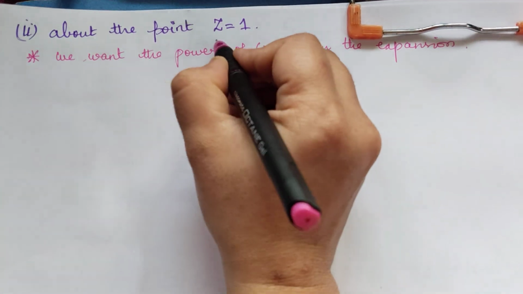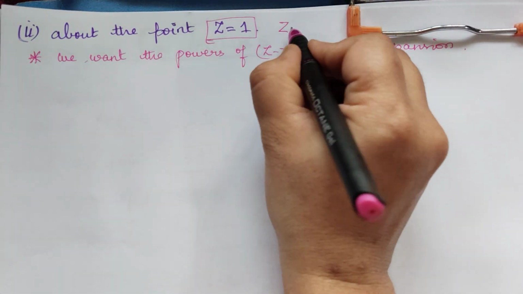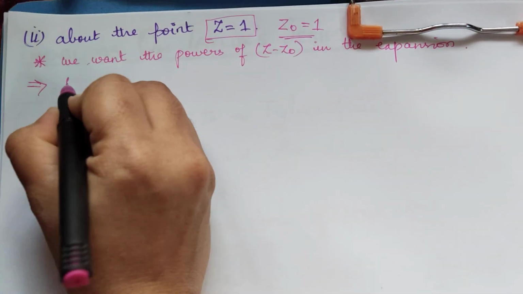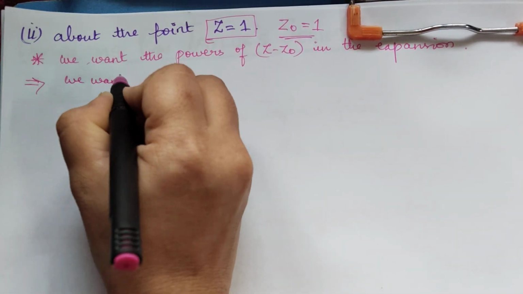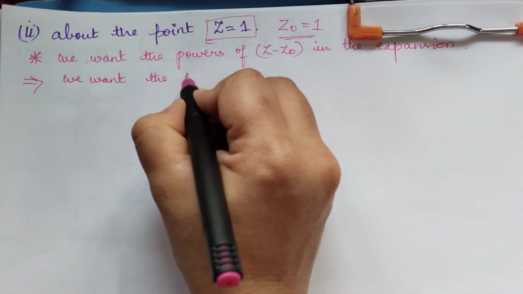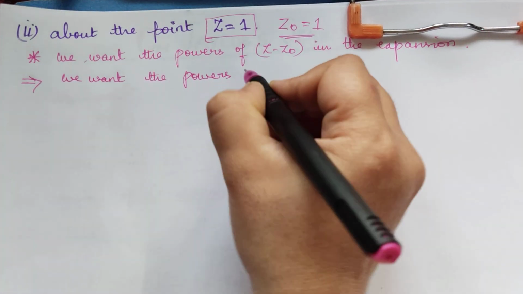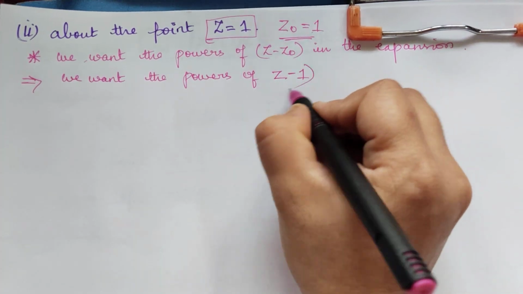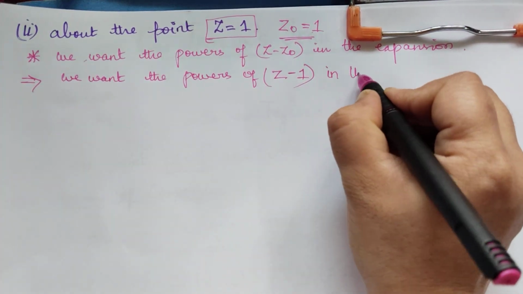So what is z naught over here? Z naught is equal to 1. So this implies that we want the powers of z minus z naught. Here z naught is 1. So z minus 1 in the expansion.